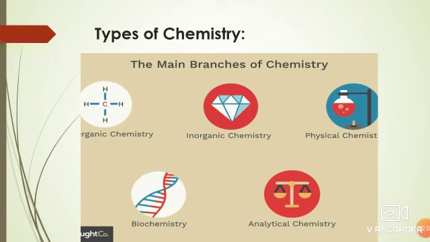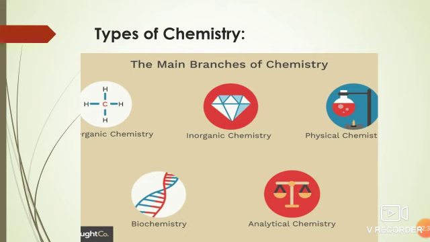Physical chemistry is concerned with applications, techniques, and theories of chemical systems. Next is biochemistry. Biochemistry deals with living organisms and chemical processes, and how chemical processes are related to living organisms.